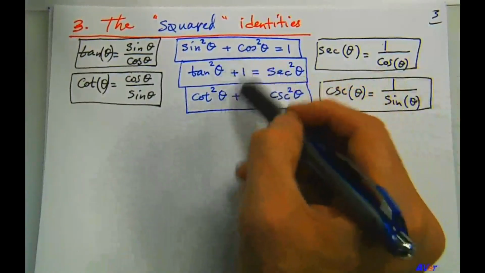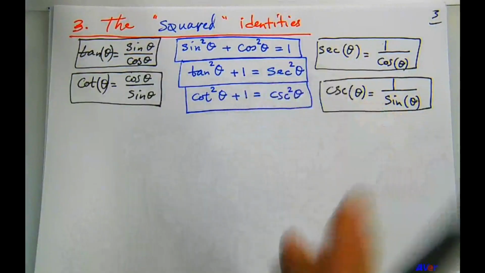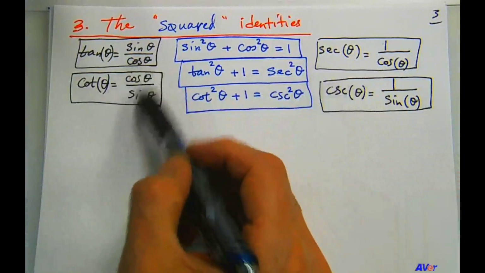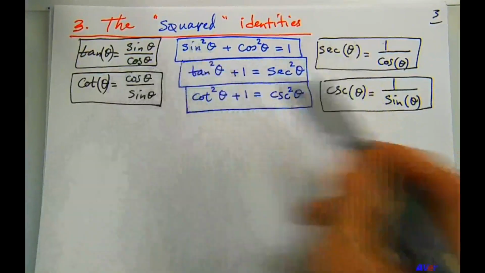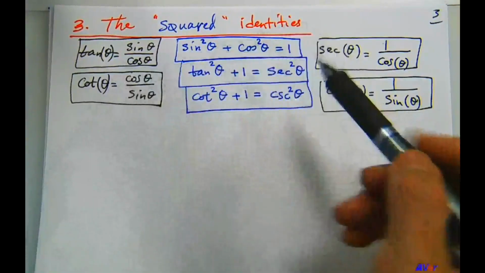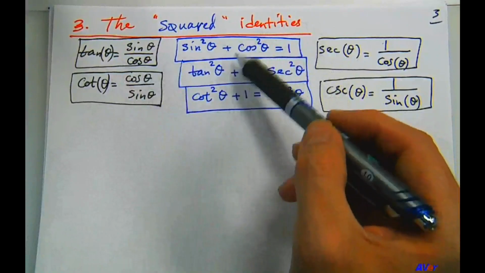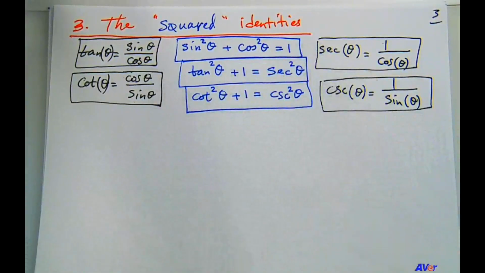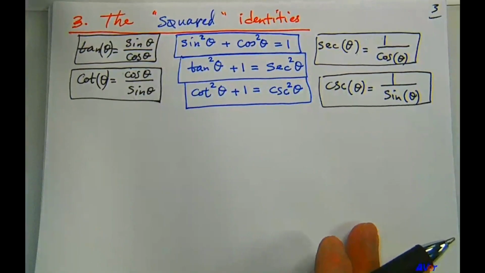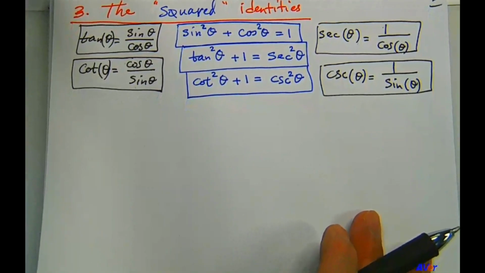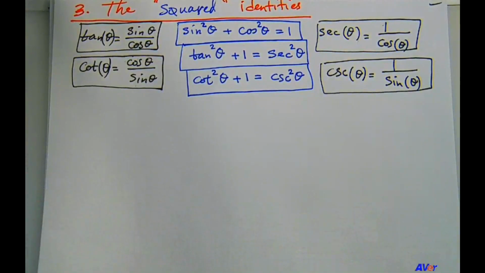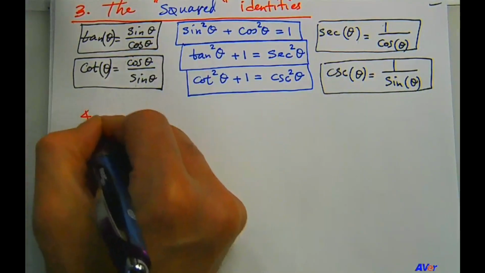These are very helpful in simplifying expressions. We've been using these a lot, but not so much these ones. So we're going to use these to simplify trigonometric expressions. That would be item number 4.